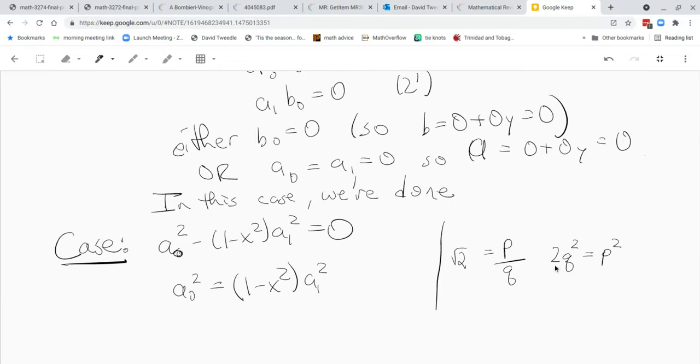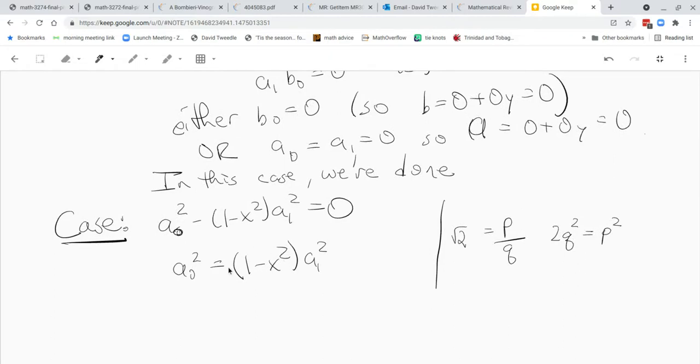So you have 2 times a square equals another square, meaning that 2 is a square, and you get problems. Like 2 divides p squared, well, if 2 divides p squared, then 2 divides p. Then 2 squared divides p squared, and you go from there. We can do something similar with this equation, remembering that a1 and a0 are just polynomials in X.